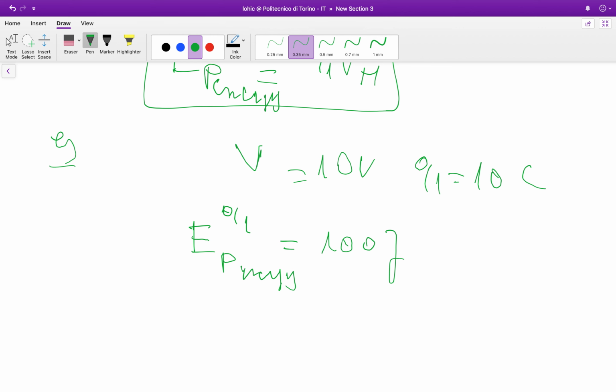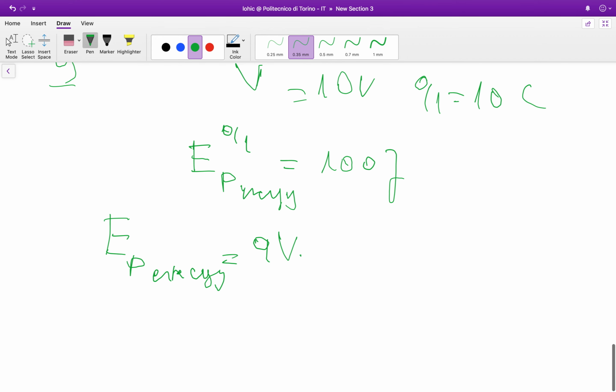Now we saw that the electric potential energy is equal to the charge multiplied by the potential.